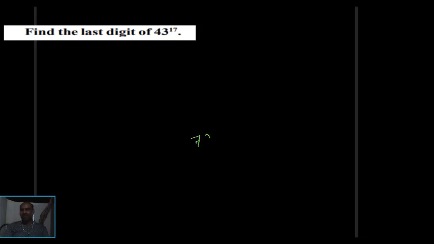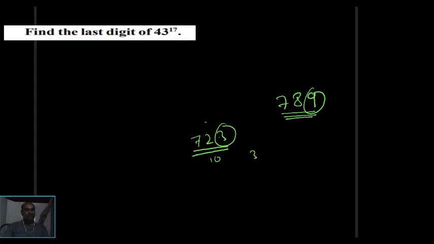What is the last digit of this? 3 only. Okay. 784 given, 789 given. What is the last digit of 789? 9 only. Or I can say, what is the remainder when 723 is divided by 10? 3 only. So the last digit of 723 is the same as the remainder when 723 is divided by 10.